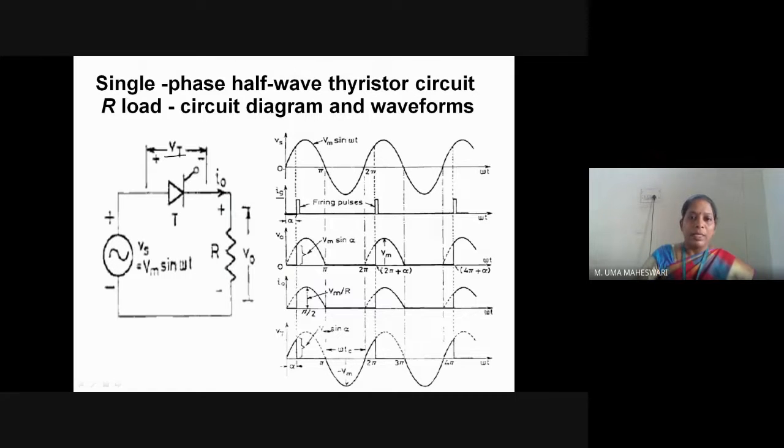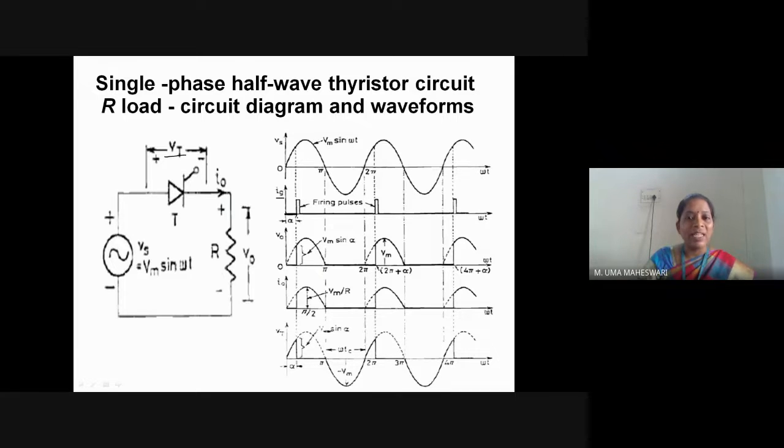The SCR gets turned on only if two conditions are satisfied. The first condition is that the SCR should be forward biased, and the second is that the gate pulse should be given. If both conditions are satisfied, the SCR gets turned on. Here the SCR is forward biased at instant 0, whereas the firing angle is given at instant alpha.